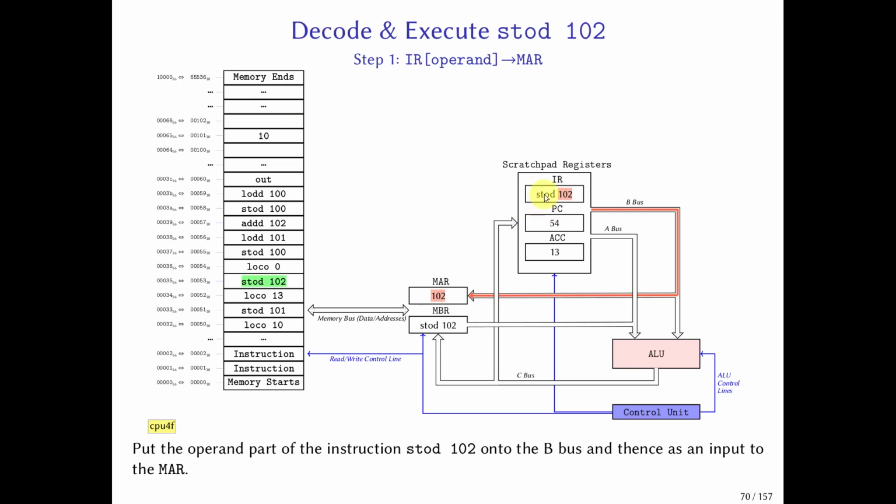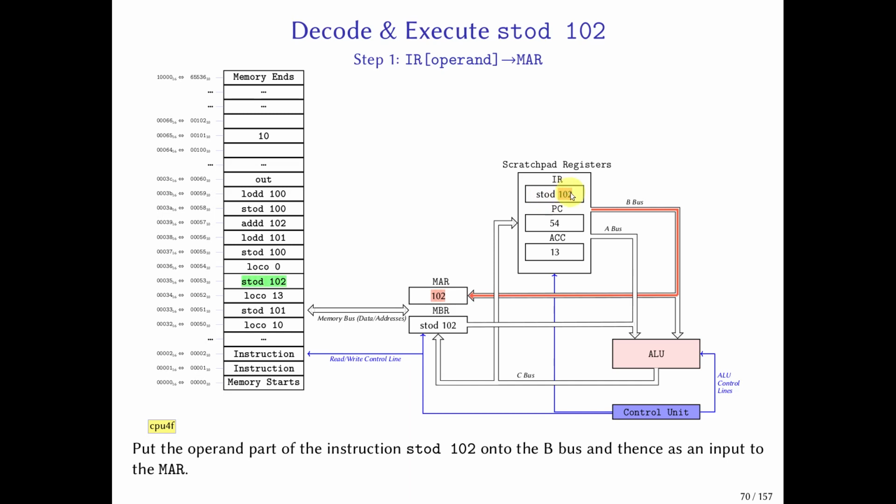So let's step through what the control unit would do. Remember that the machine code instruction STOD 102 has two parts to it. STOD is the operator and 102 is the operand. So the control unit examines the first part, the operator, and says, okay, this is a store direct operation.